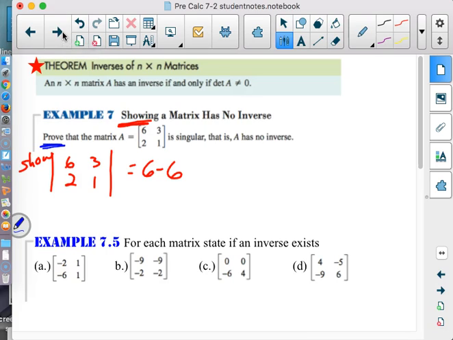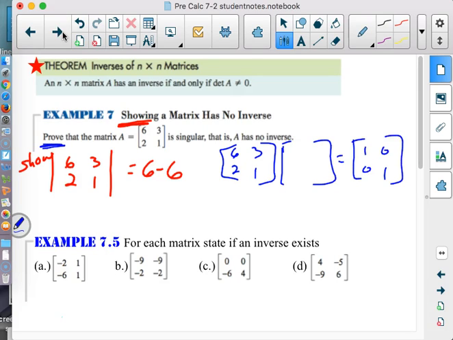So here's what we're really trying to do. We're trying to take our little matrix times some other matrix and get 1, 0, 0, 1. They told us that's what's supposed to happen if you have an inverse.